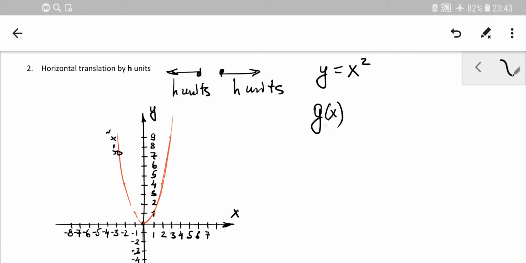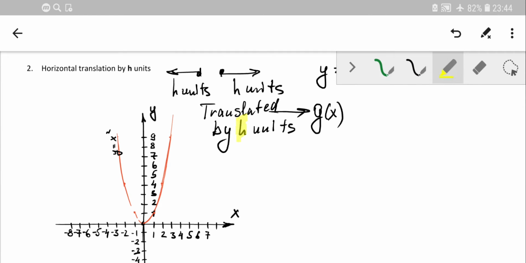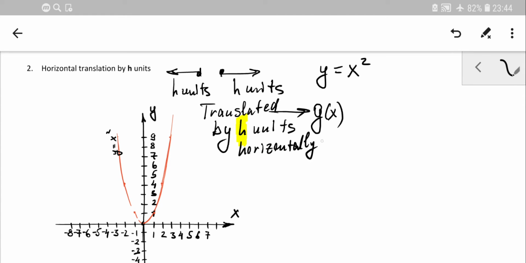g of x, that's the translated function, so it was translated by h units horizontally. I highlight h. That was y of x, right? I put the argument denoting that y was depending on x.